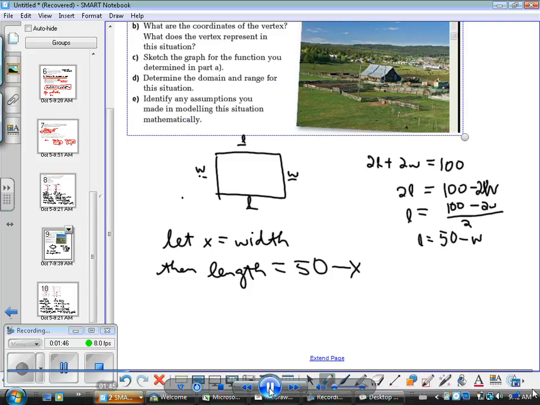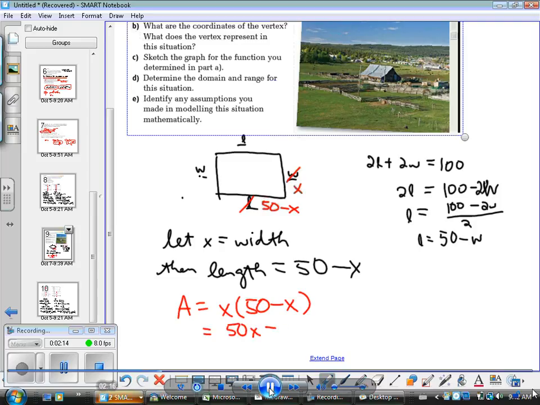All right, so the area is equal to the length times the width. We don't actually know the area, that's a variable. So area equals X times 50 minus X, the width times the length.